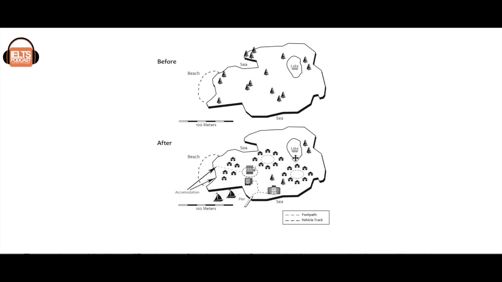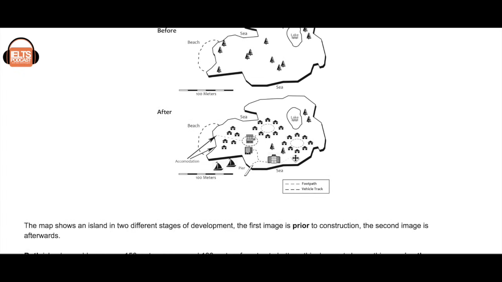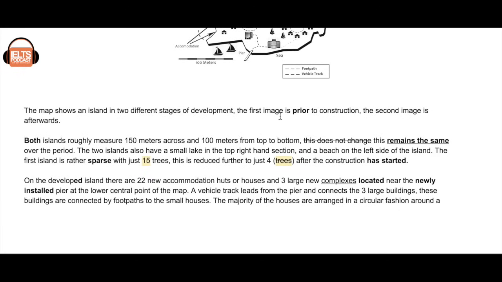And we can also make the assumption that the shape of the island has stayed the same. That's just using common sense. I mean, how many times does an island change shape? Okay, unless there's a volcanic reaction or a massive new airport built into the sea, then I would mention it, but that hasn't happened.